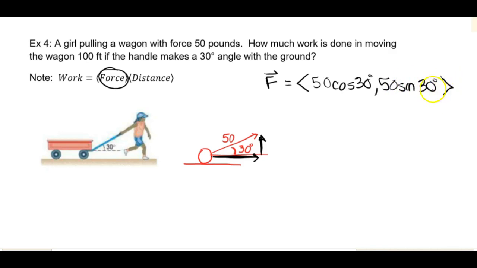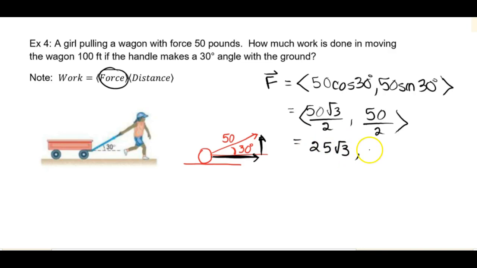But we know those values, so that's going to be 50 square root of 3 over 2 and 50 times 1/2. And that's going to give us 25 square root of 3, comma 25. So there's vector F, so we know that one.